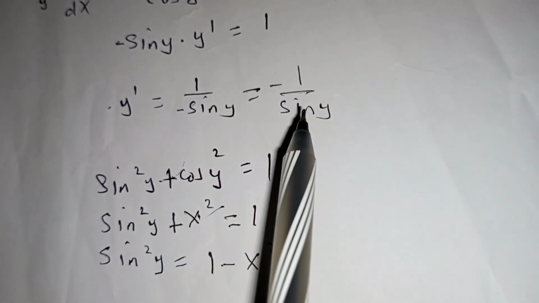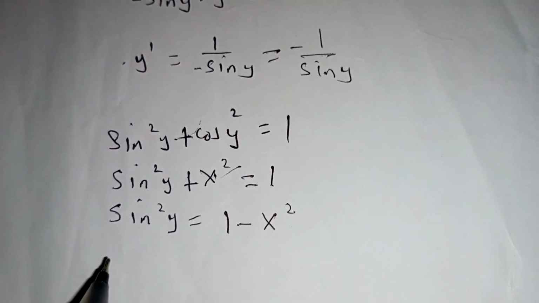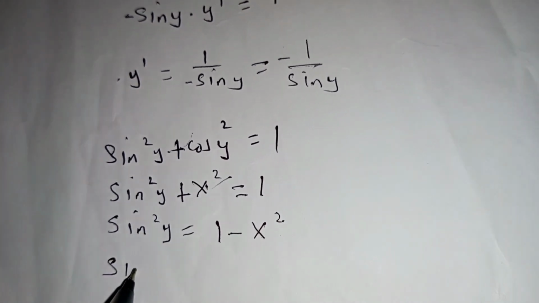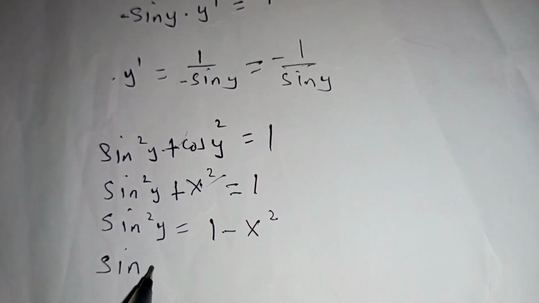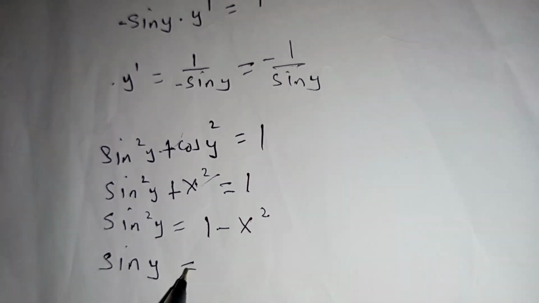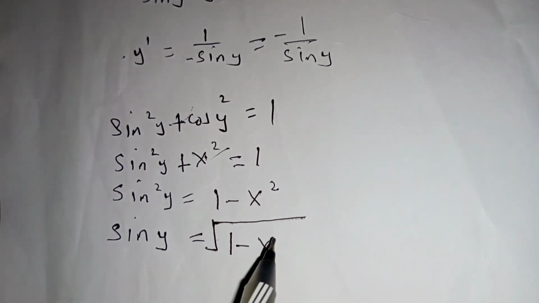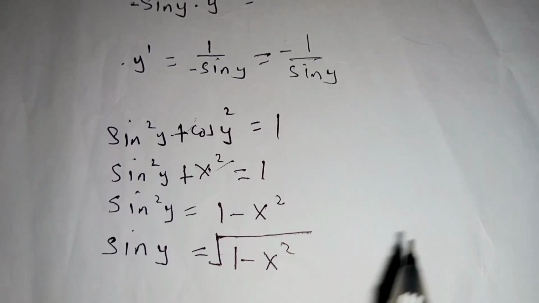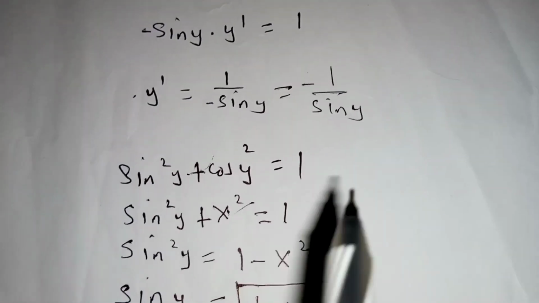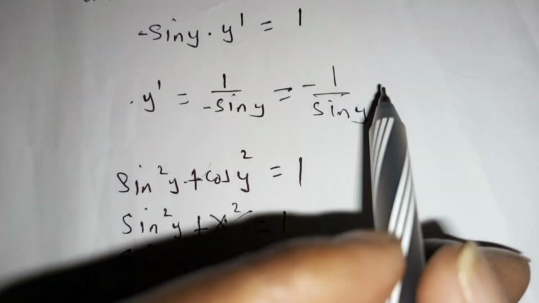Our function here is sine y, so we can take the square root of both sides. The square root of sine squared of y is sine y, and the square root of 1 minus x squared, we leave it as it is with the root. So we come up here and substitute.